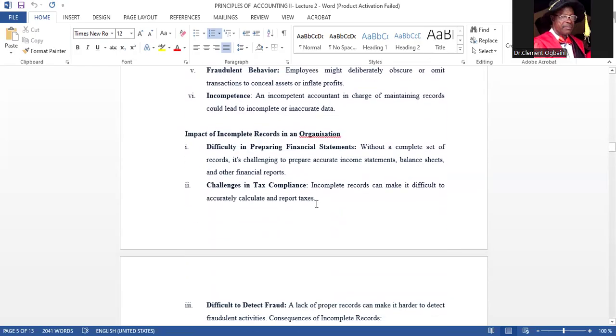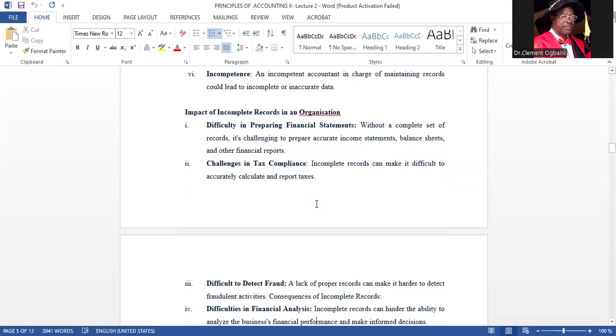So what is the impact of incomplete records to an organization? How does it affect an organization? Normally, when there is incomplete record, the first problem is that there will be difficulty in preparing the financial statement of the company, because the records are not complete.